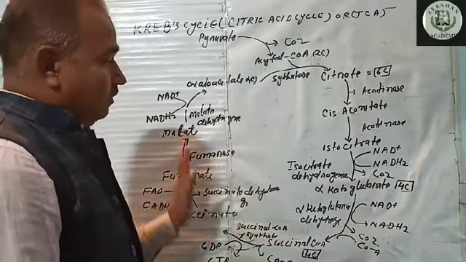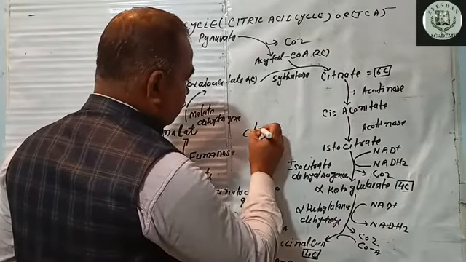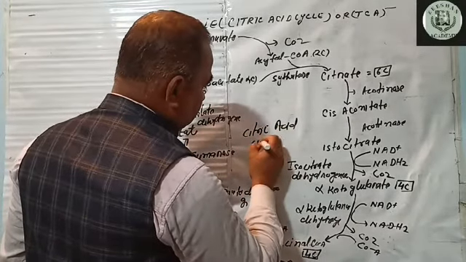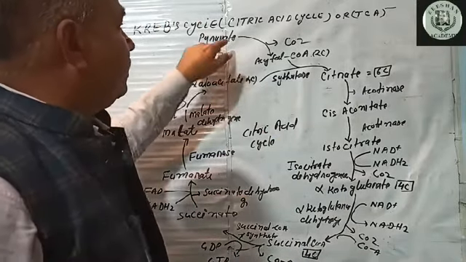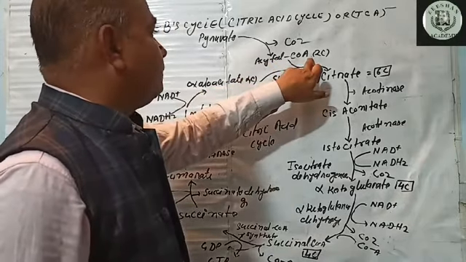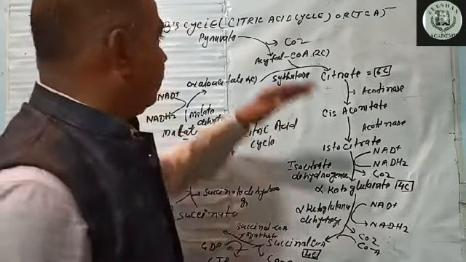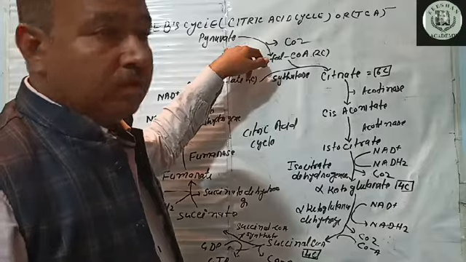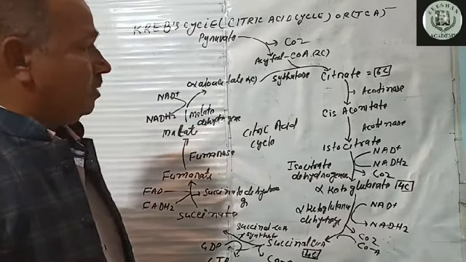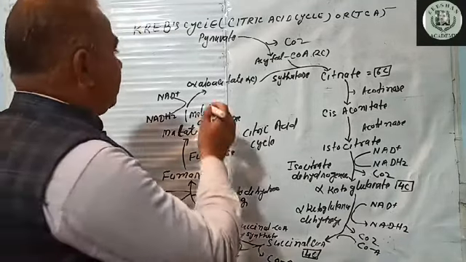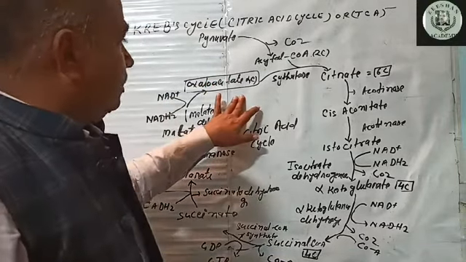So once again we can explain very briefly the process of the citric acid cycle. The citric acid cycle operates when the product of pyruvate, that is acetyl CoA, enters the mitochondria, because the pyruvate is found in the cytoplasm. It is converted into acetyl CoA. This acetyl CoA enters the mitochondria, mainly the matrix, where oxaloacetate, a 4-carbon molecule, is present.